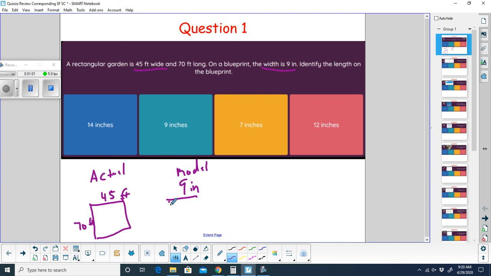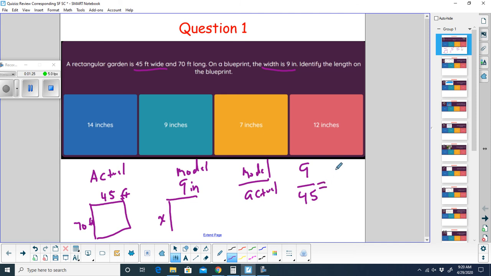So they want to know what is this piece down here. I'll call it X, right? Another way to think of it is model to actual, okay? In the model, 9 inches goes with 45 in the actual, right?